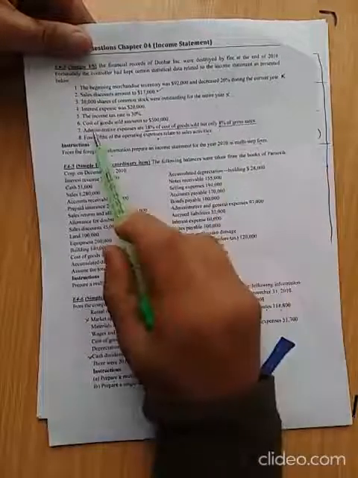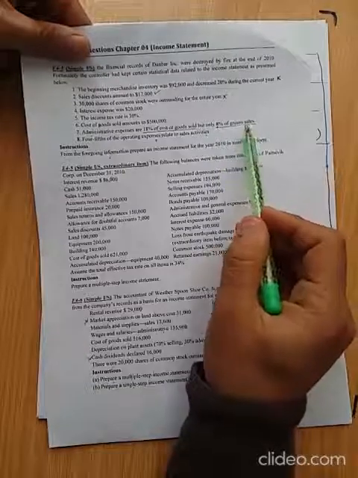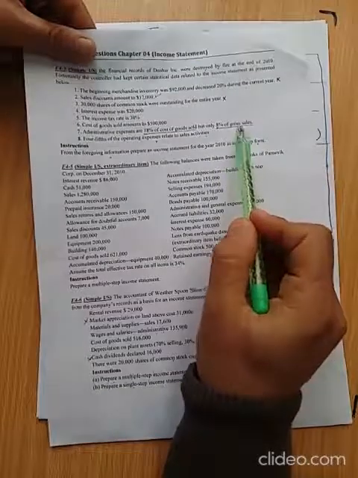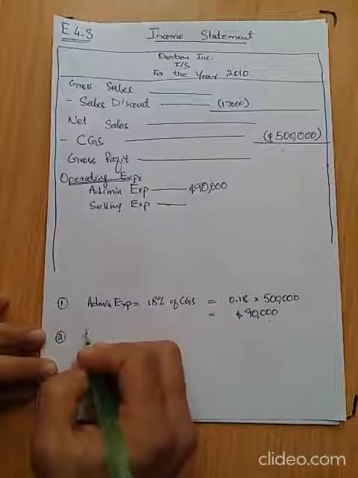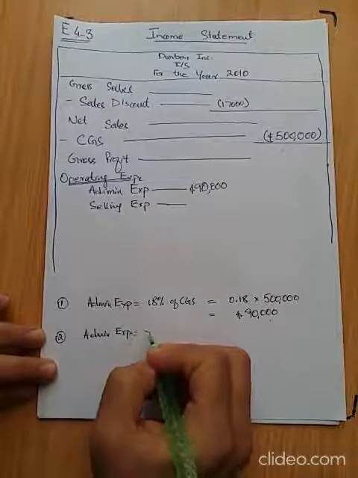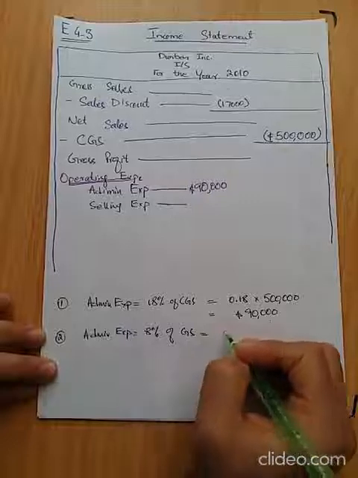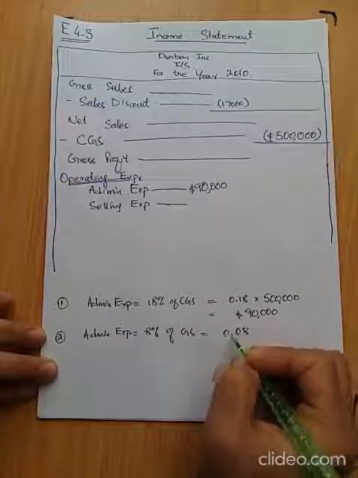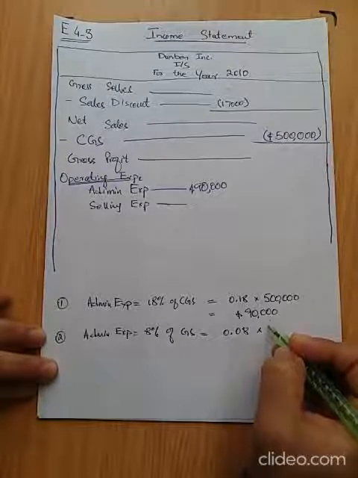In the numerical, it further says that the same admin expenses are 8% of the gross sales. I can write that the same admin expenses are 8%, in decimal 0.08, multiplied by the gross sales figure.